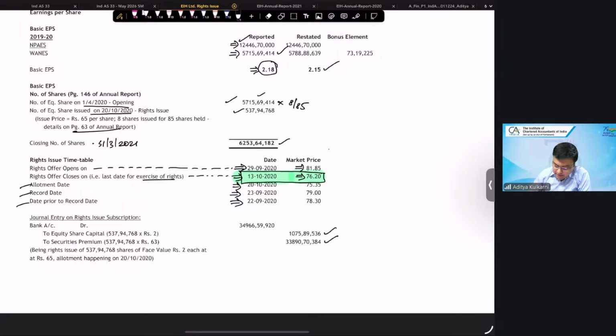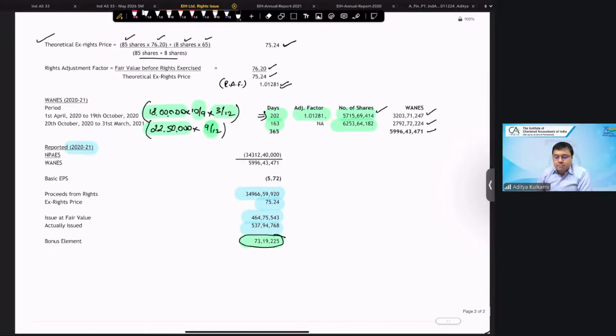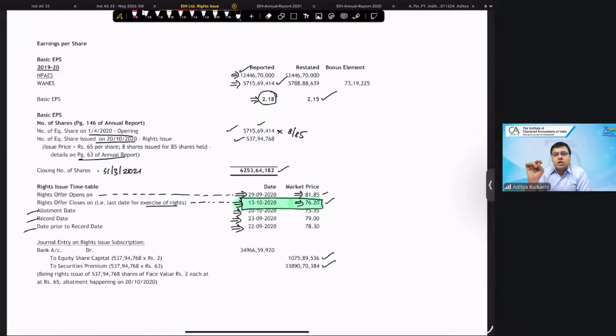On that date, the market price was 81.85. Rights offer closes on, that is the last date for exercising the rights, 13th October 2020. On that date, your market price was 76.2.